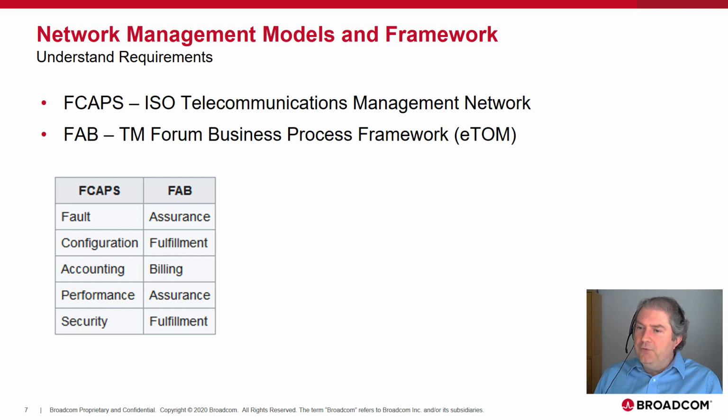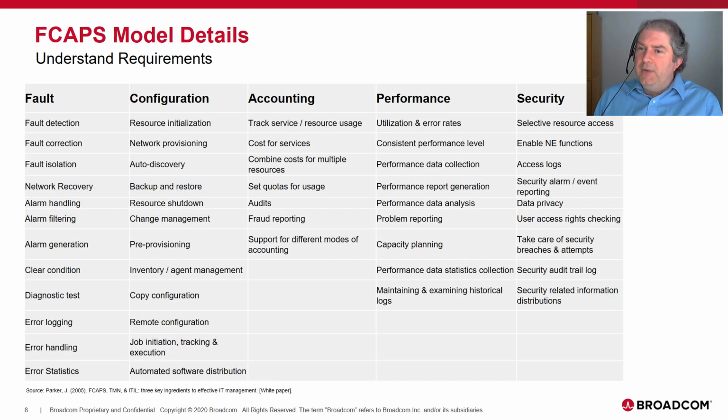That's basically looking at fault, configuration, accounting, performance, and security. When we look at that, we drill down, and there are key areas in here. Things like fault detection, fault correlation, alarm generation, error logging when we look at fault. Configuration management is being able to provision devices, discover the network, back up and restore configurations. When we look at performance monitoring, looking at utilization, error rates, capacity planning, reporting, report generation.